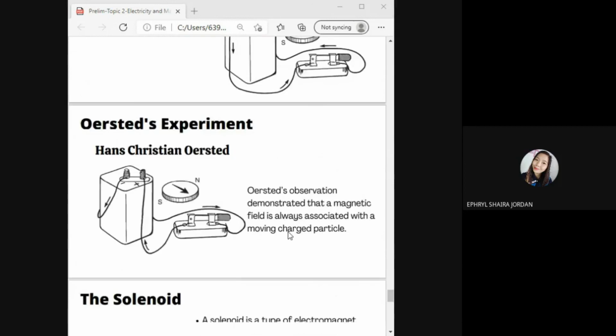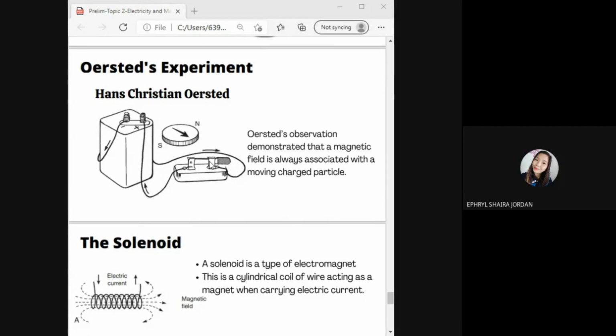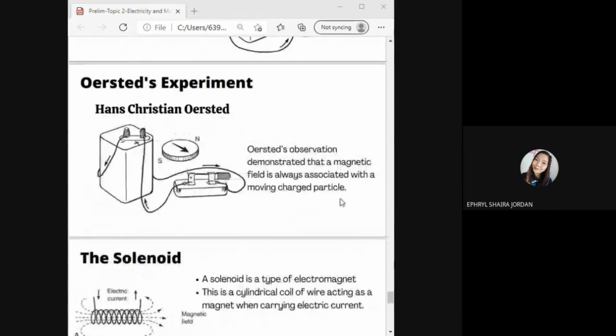And reversing the current causes the south pole of the compass to point to the wire. Basically, Ørsted's observation demonstrated that a magnetic field is always associated with a moving charged particle.